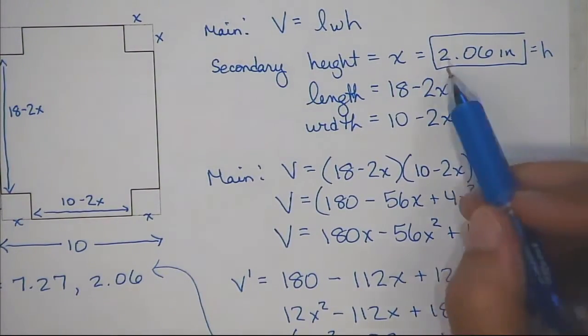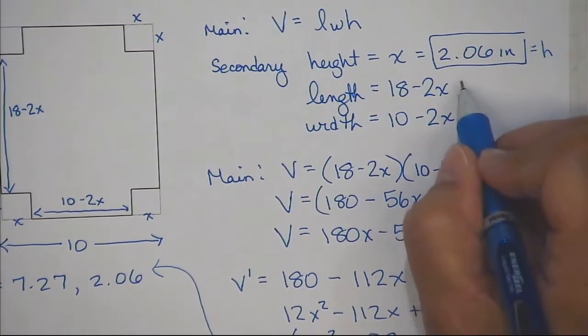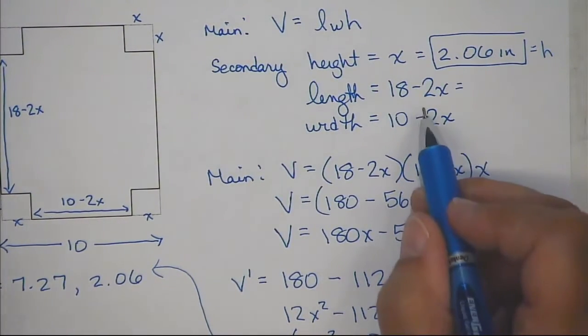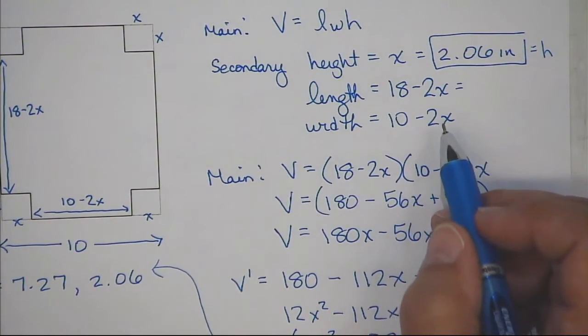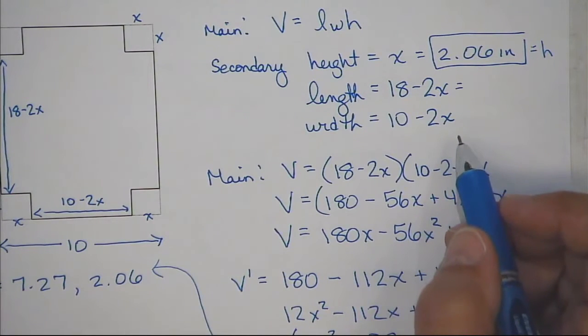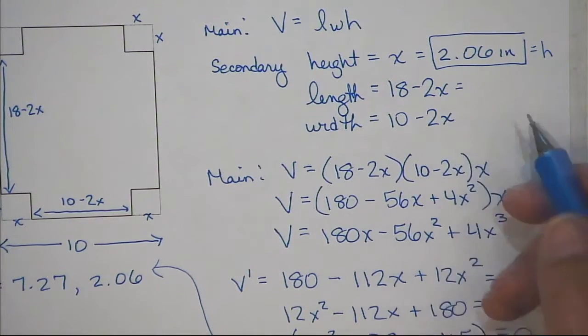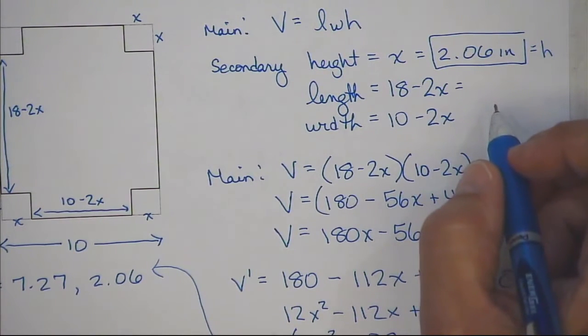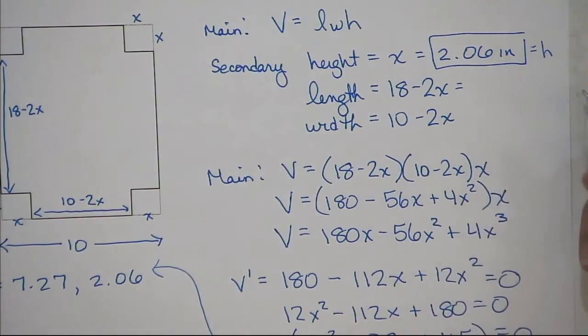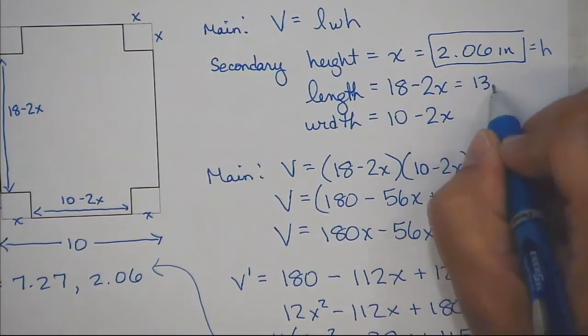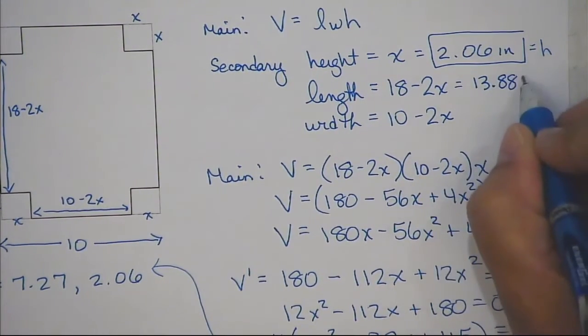Okay, so I'm just going to plug in 2.06. I'm just going to work it out. So 18 minus 2 times 2.06. So the length is going to be 13.88-ish. Don't round so much on WebWork.